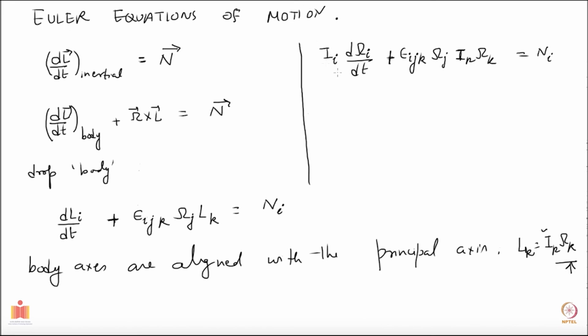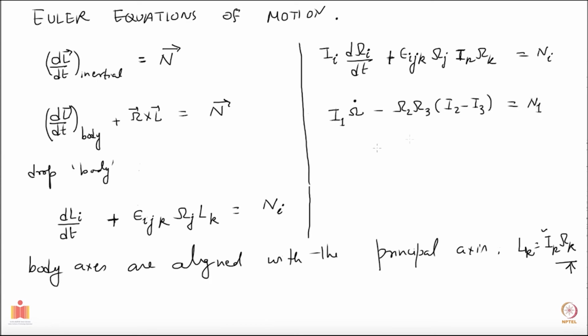There's no summation over i in this, and now I just want to write it for all the 3 components explicitly. So using the antisymmetry of epsilon ijk, you can write down the following: I1 omega 1 dot plus or minus omega 2 omega 3 (I2 minus I3). This is fairly easy to see and you will be able to do it.